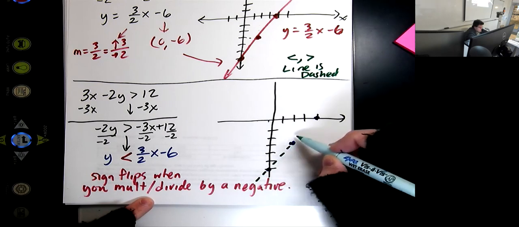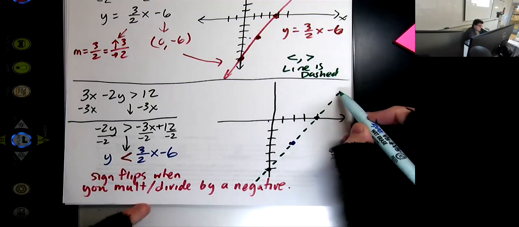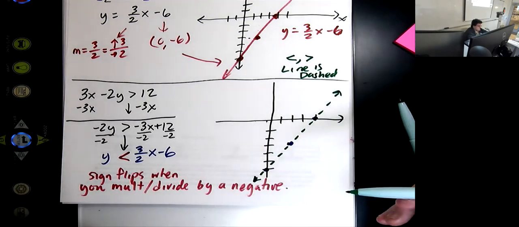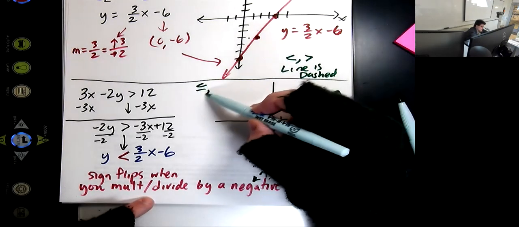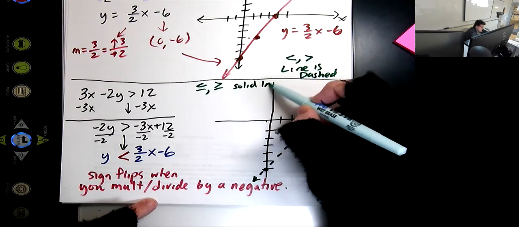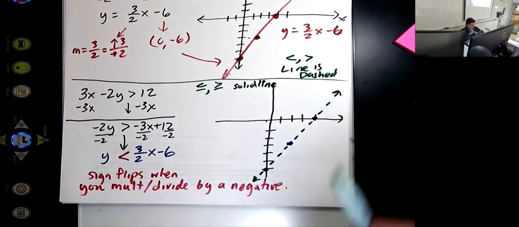I don't draw a solid line. If it's less than or equal to, or greater than or equal to, we do a solid line.